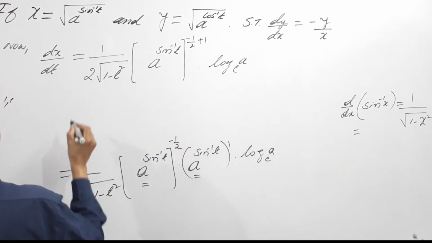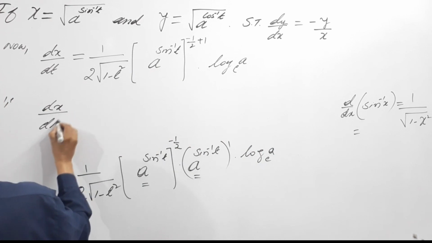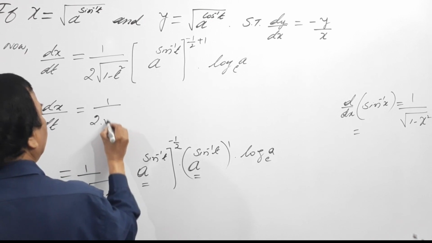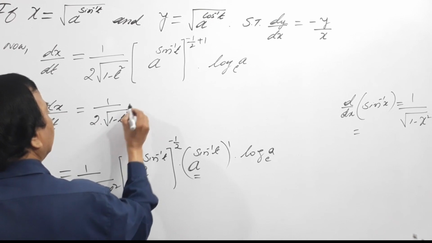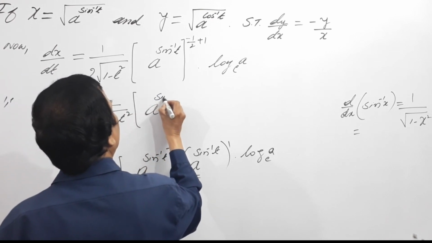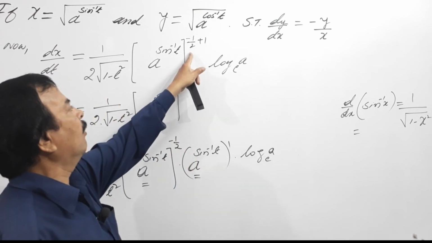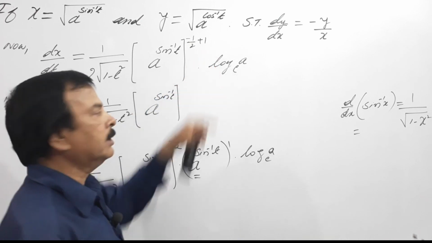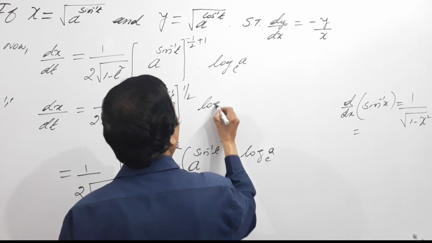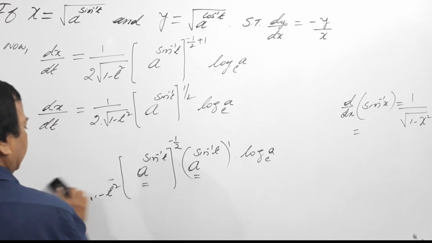So what happens here? That is dx by dt equals to into 1 minus t square. So this becomes a to the power of sin inverse t. So this becomes half minus half plus 1 is half. You get plus half into log A to base C. I'll rub it.